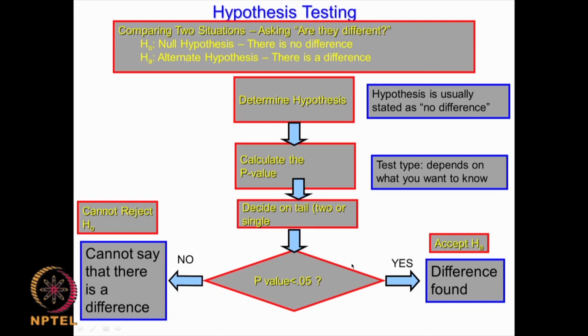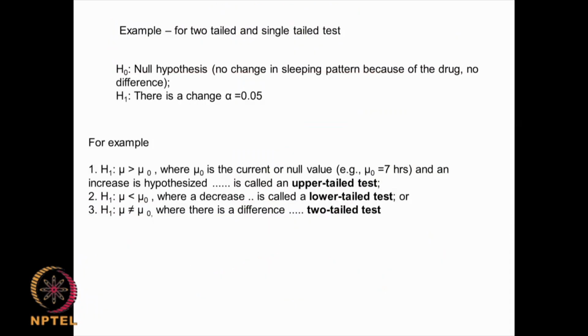If it is greater, then obviously we cannot say the null hypothesis can be rejected, whereas if it is a very small value, we can say there is reason for rejecting the null hypothesis.